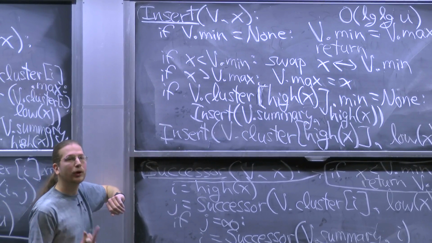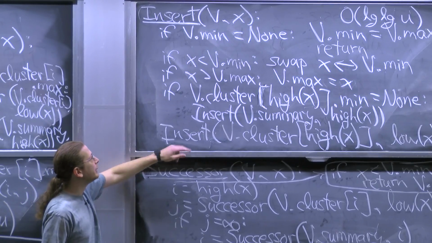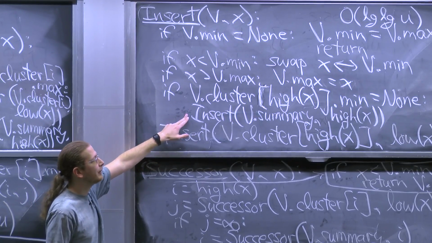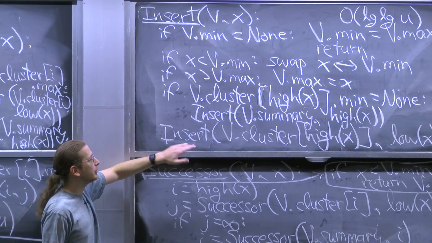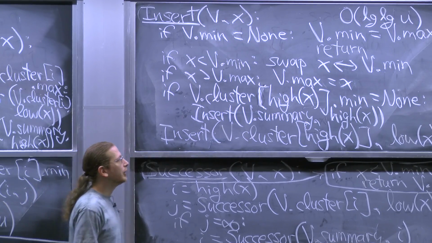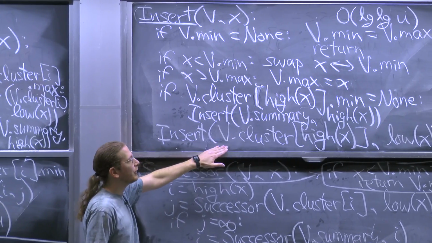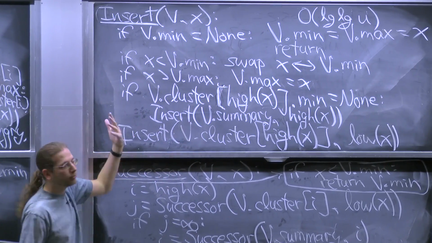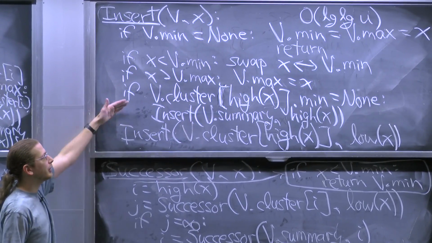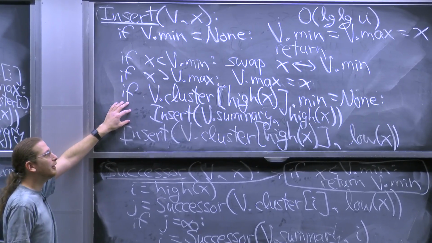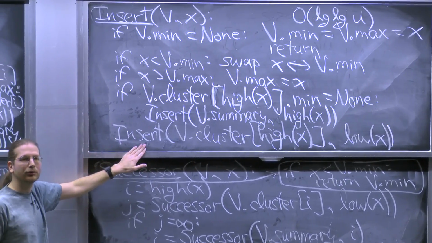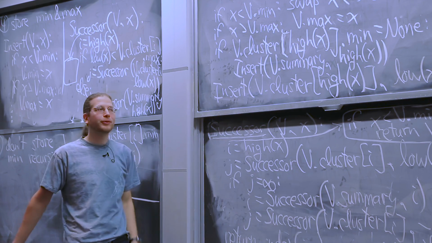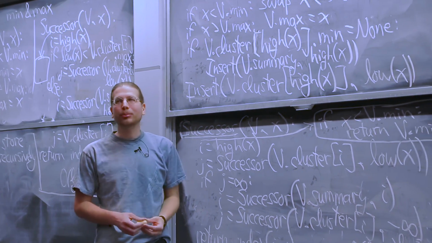Cheap meaning only one recursive call. Either we need to update the summary structure, in which case that cluster was empty, so we have this special case of inserting into an empty cluster, which is super cheap. Or most of the time, the cluster was already non-empty, so we don't need to update the summary structure, and we just do this recursion. So in all cases, everything is cheap.